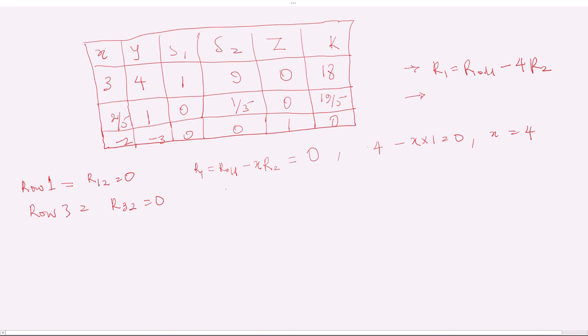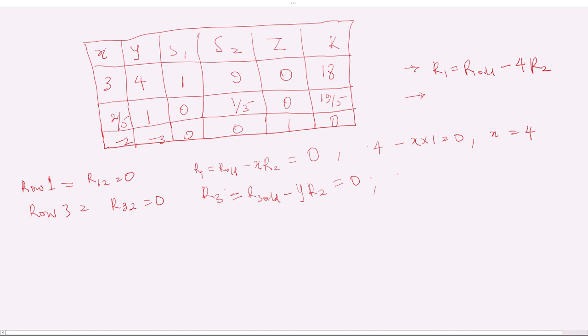So for us to make this R3 here equals to R3 old minus something Y, right? R2 must give us 0 because we need it to be 0. But here is one thing we do have.